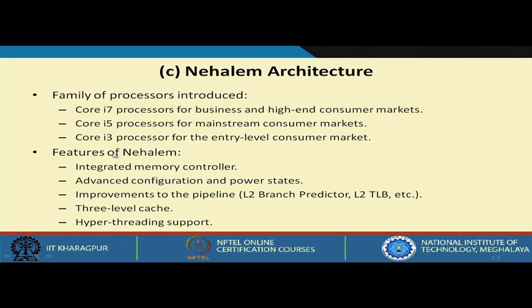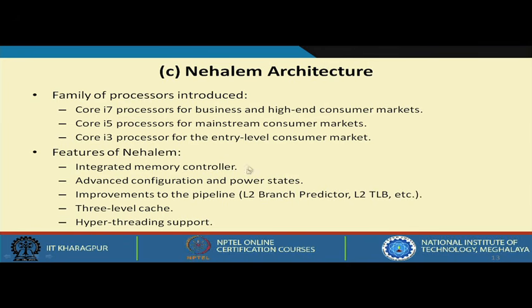And some of the features of Nehalem which started to appear was that the memory controller was integrated within the chip and the power management was made more sophisticated. There are multiple power states like high power, medium power, low power. So, the operating system can initialize the power state of the processor and accordingly run your programs on that power state.